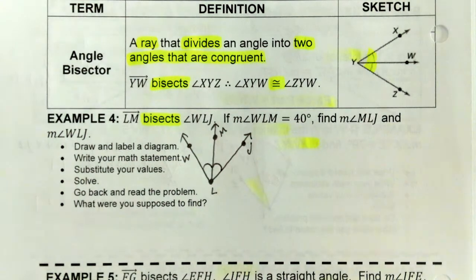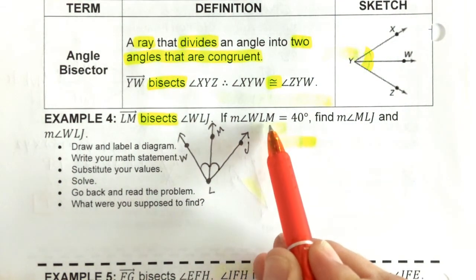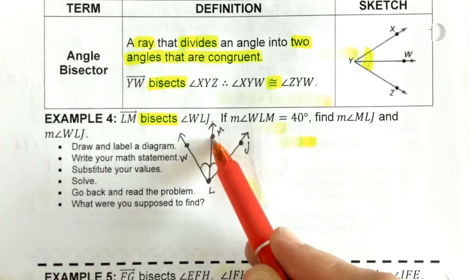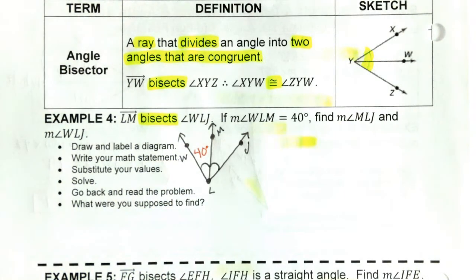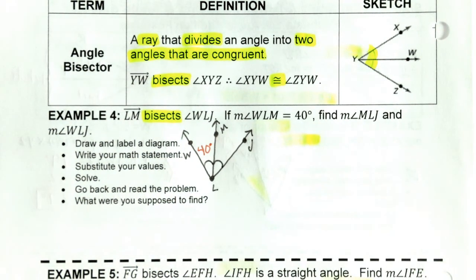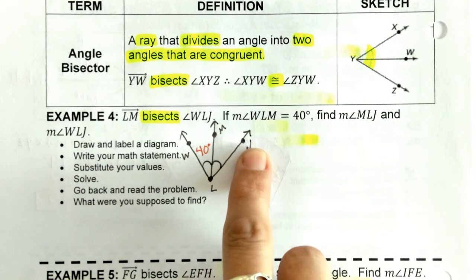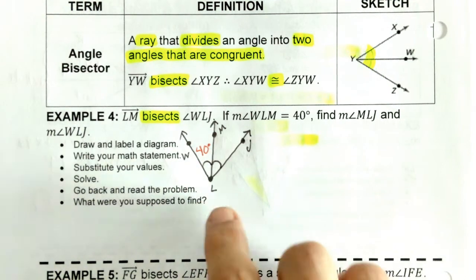In the problem, I see here that the measurement of angle WLM is equal to 40 degrees. So for WLM, we're going to go ahead and label 40 degrees. We want to find the other part and the whole. So we are going to find the measurement of angle MLJ and the measurement of angle WLJ.